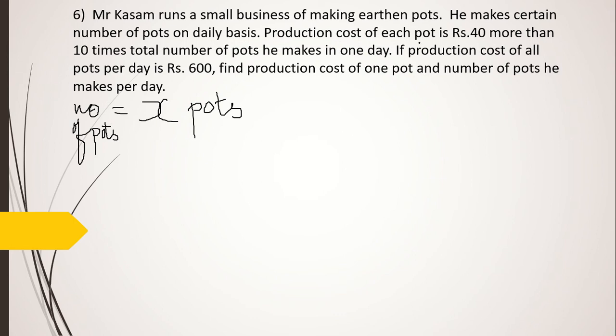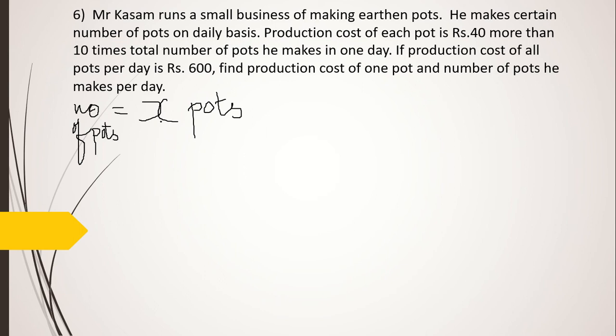And production cost of each pot is 40 more than 10 times total number of pots he makes. So total number of pots he makes every day, maybe he may be making 10 pots, 100 pots, whatever pots, we don't know.